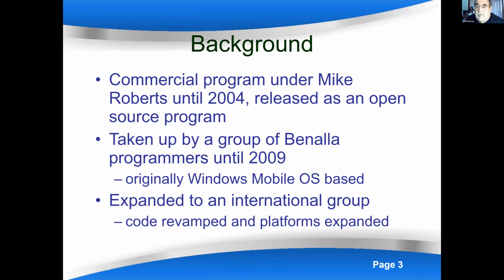Now, this stalled development while all this porting across was done. So for about 12 months, there was no development, and it led to a fracturing of the group that had been developing it.